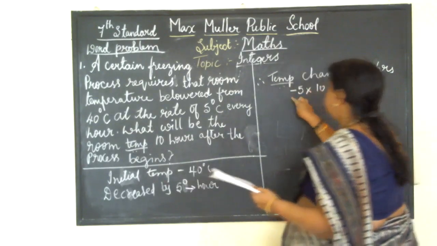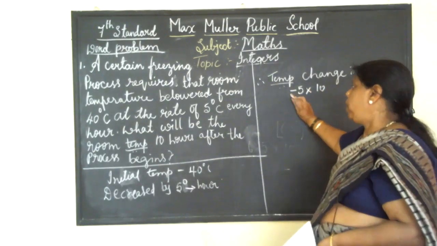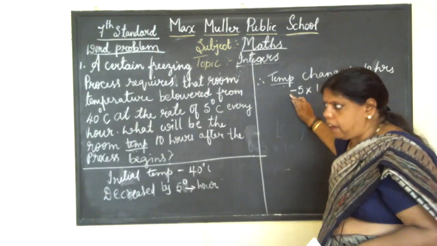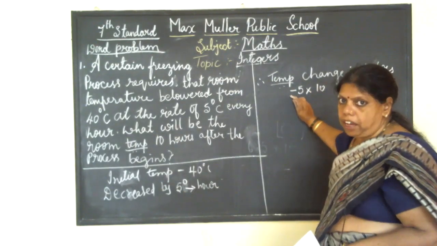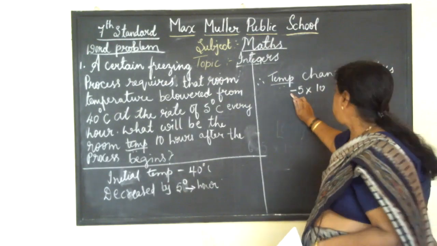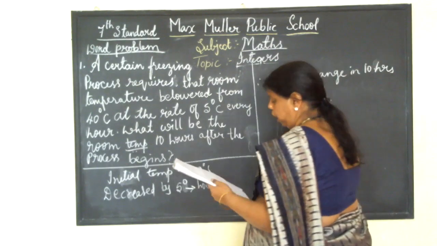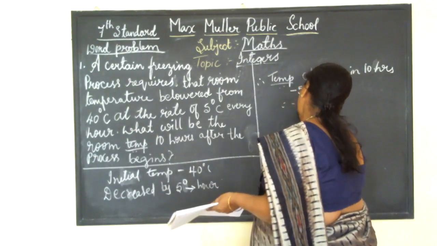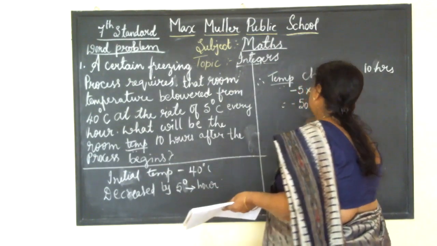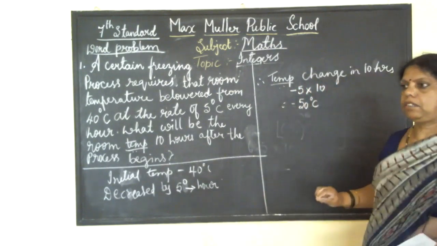Decreasing, no ma? Why -5? Because it is decreasing every 1 hour, minus. It becomes -5 into 10. So it comes to -50 degree. Okay, after 10 hours.